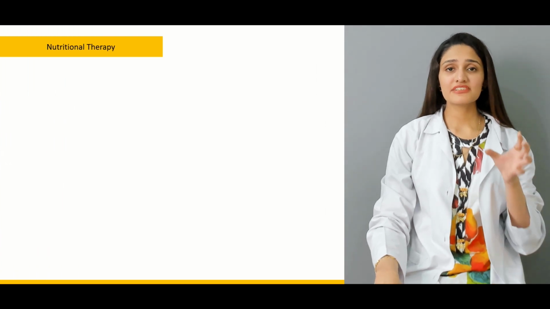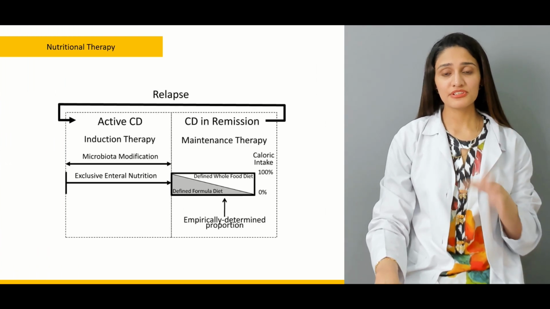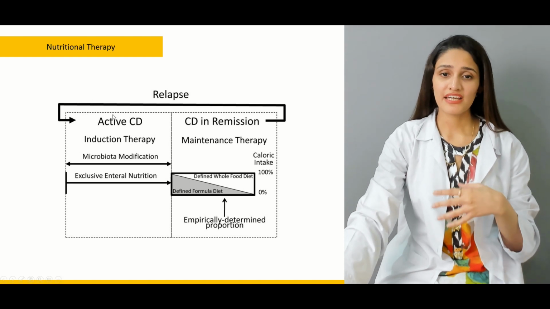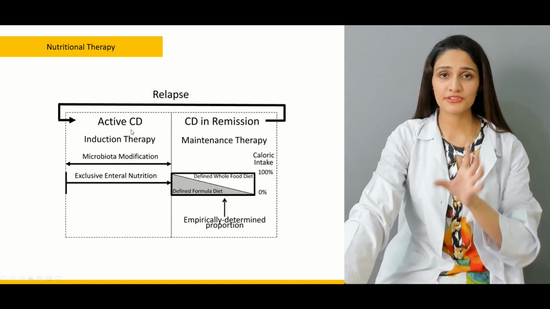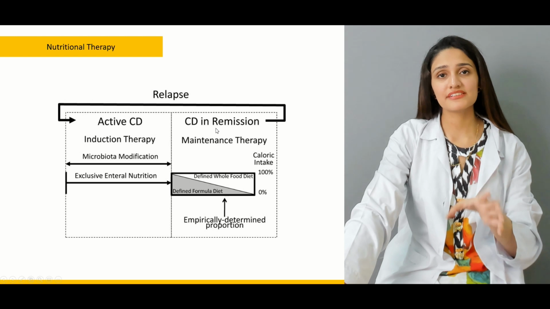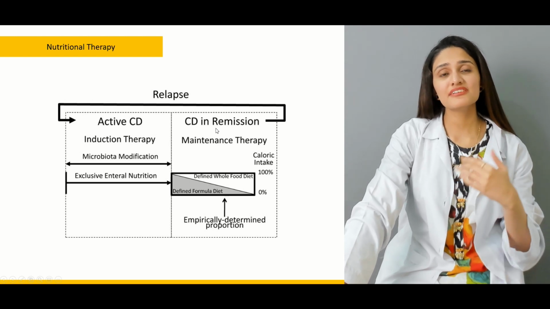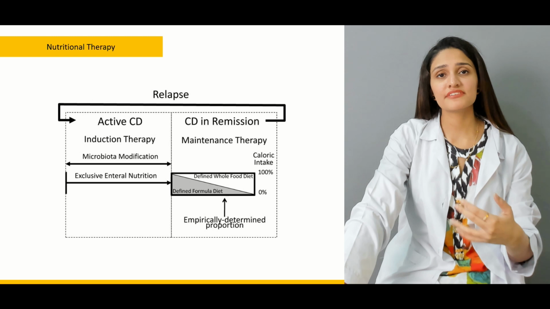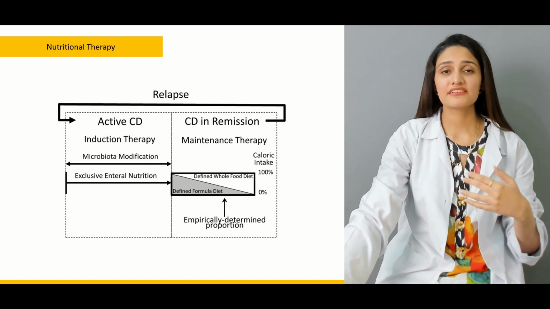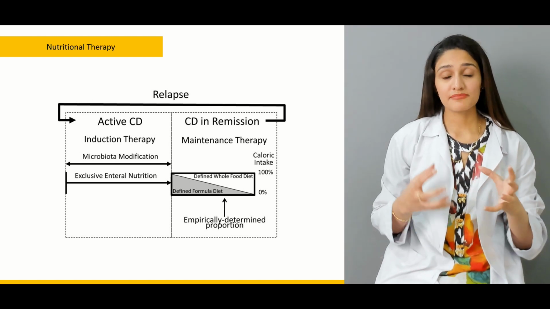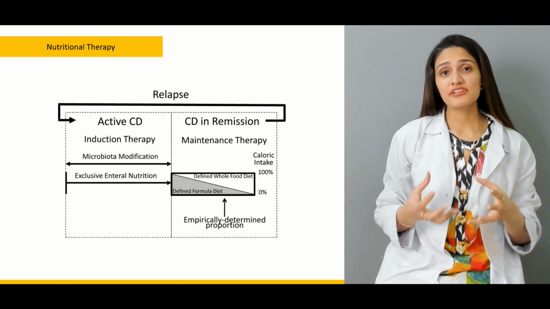If we talk about specific nutritional therapy, what happens, as we see in this graph, is that there is active Crohn's disease, and then there's Crohn's disease in remission. Remission is the evolving of the Crohn's disease.